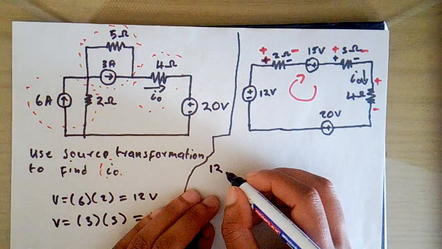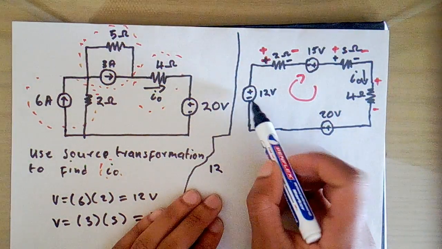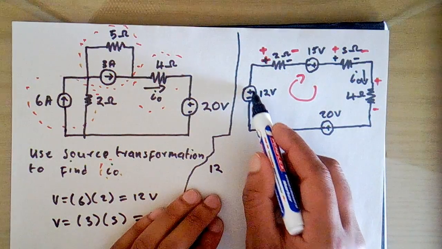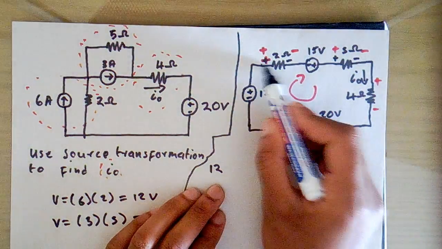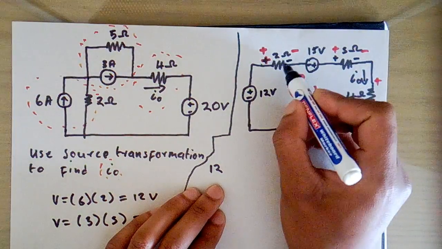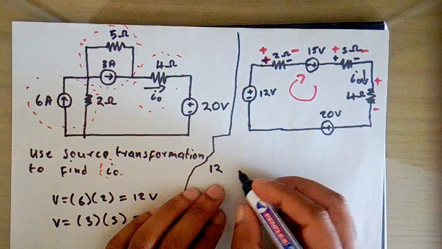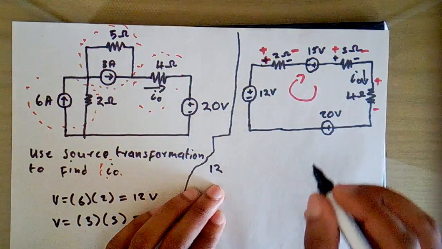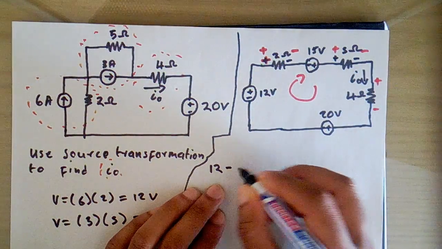This will be 12. As you can see, the voltage here is going from negative to positive, so it takes a positive sign. And here the voltage of this resistor goes from positive to negative, so therefore it takes a negative sign.